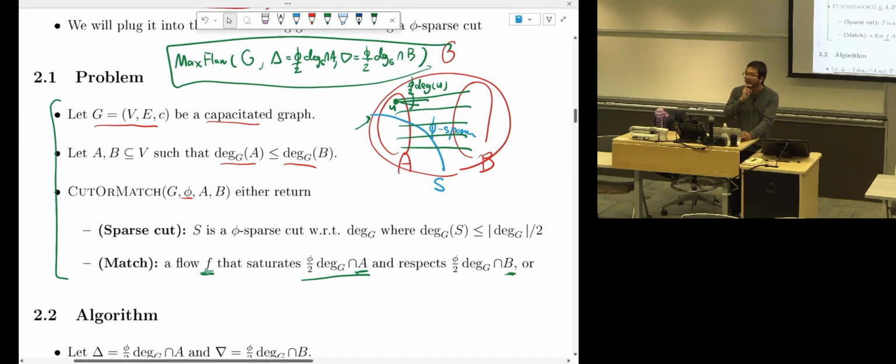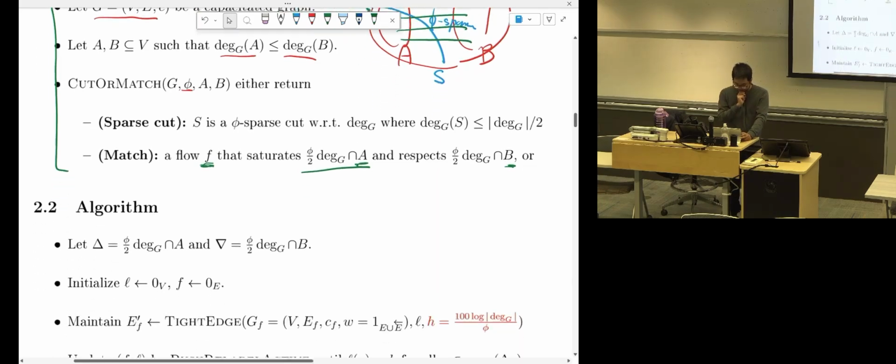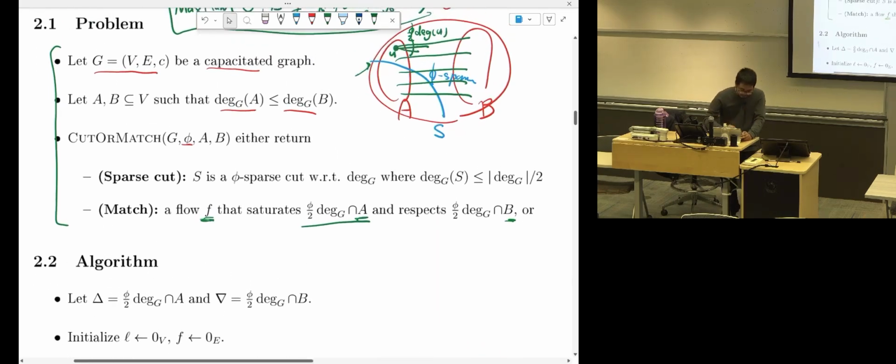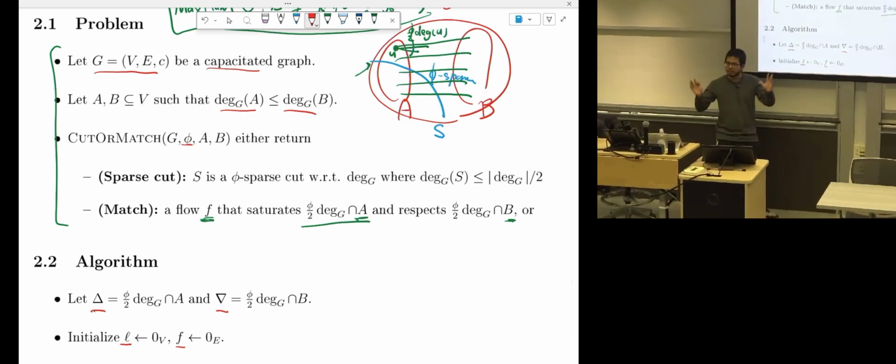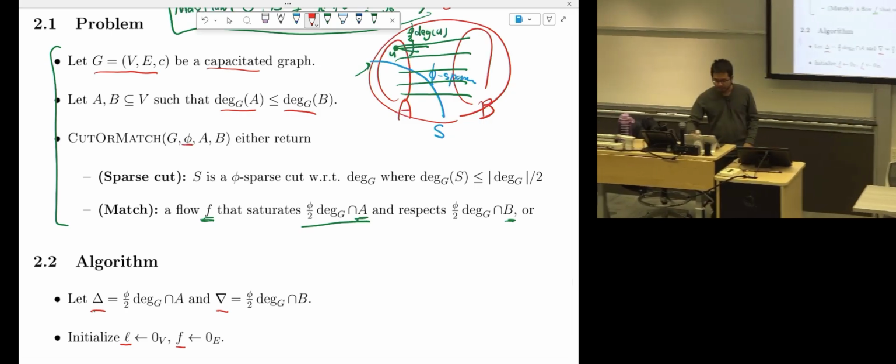Okay, so now we see the algorithm. The algorithm is just first to set the source and sink like usual. And now we're gonna use push-relabel. We initialize the labels to be 0 and the flow to be the empty flow in the beginning.